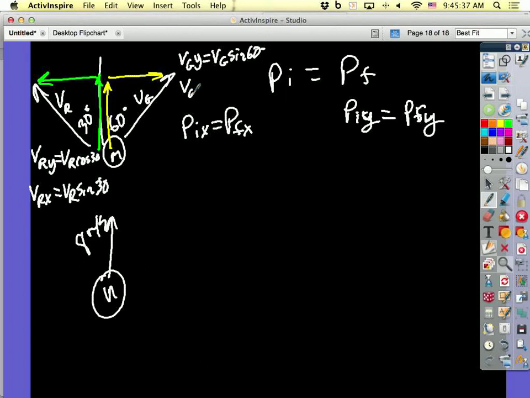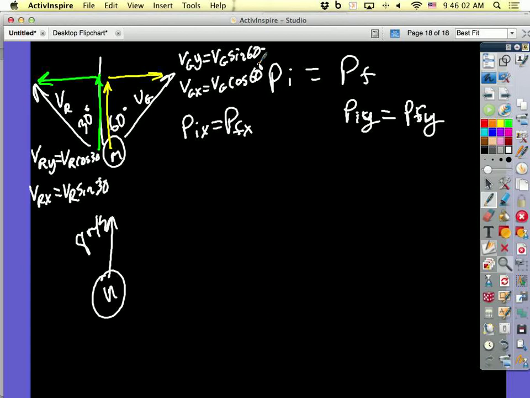And then VGX is VG, sine, just kidding, cosine 60. Now, did I confuse anybody with that? Did I lose anybody? Is everybody cool with that? I'm just cracking the vectors. We've done that a million times. That's all I'm doing.